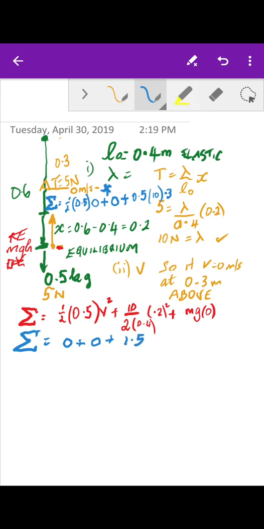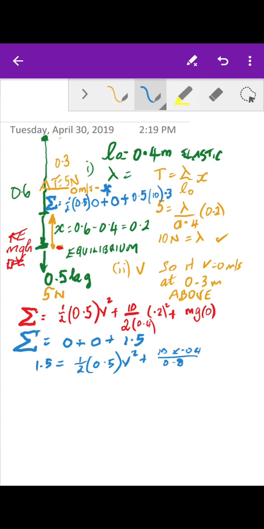Now equating these two, the red and the blue, 1.5 will equal half mv squared plus 10 times 0.04 over 0.8. Okay, so we equate that.